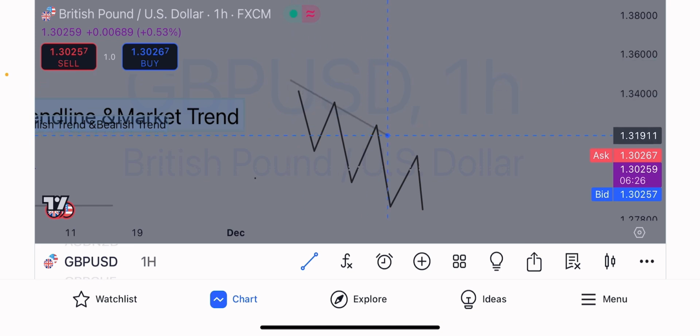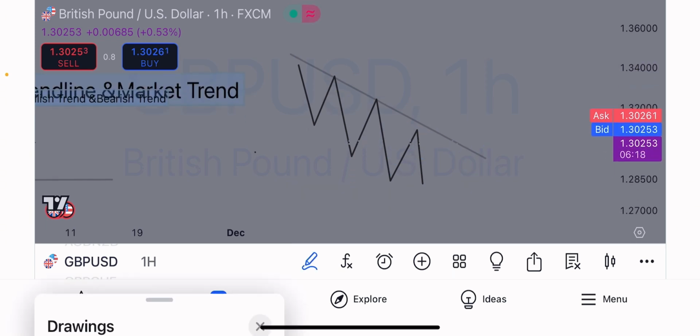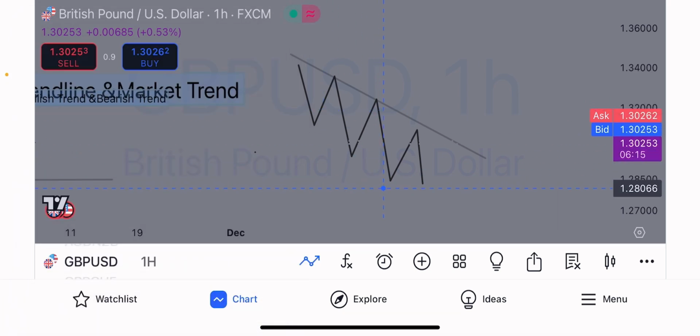Then you mark out your trend line. As you can see, I just need two lower highs to get my bearish trend. Now, when the market is about to change trend from bearish to bullish, you then see it taking out this previous lower high here.